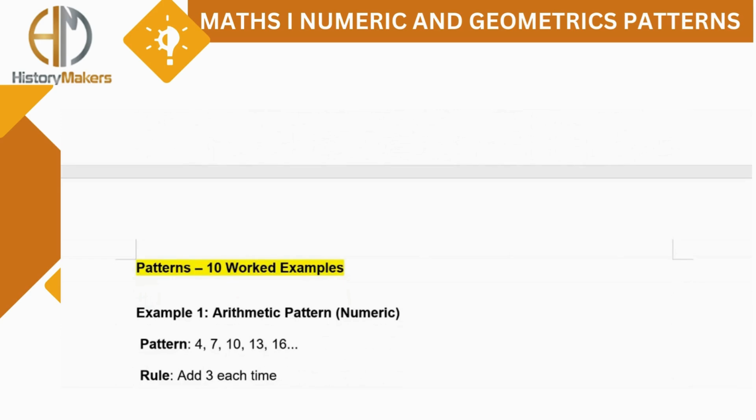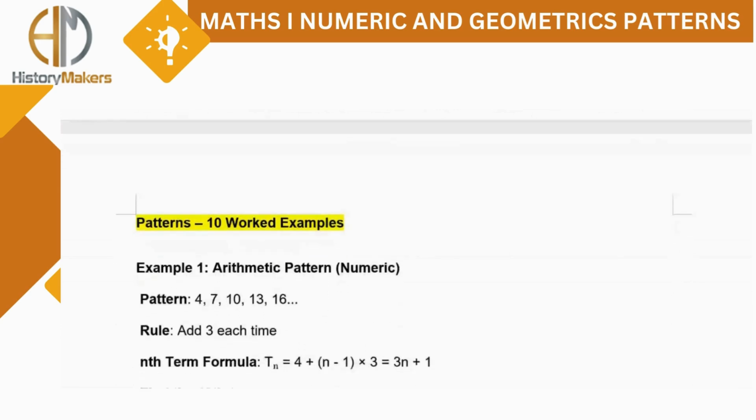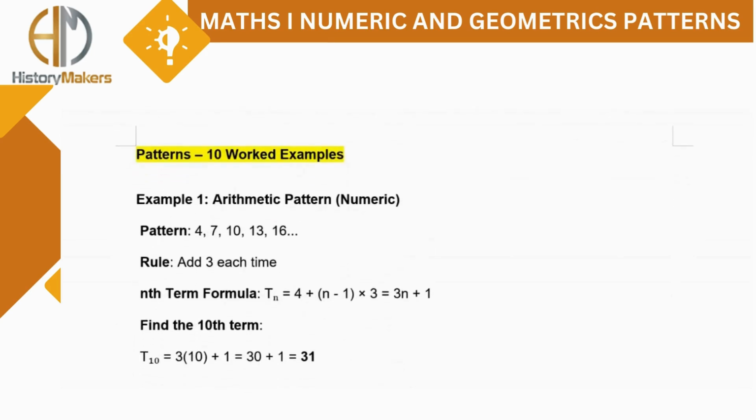Now we will go on to worked examples to get a clear understanding of what we were doing. For our example number 1, we are now going to be dealing with an arithmetic pattern, also known as a numeric pattern.